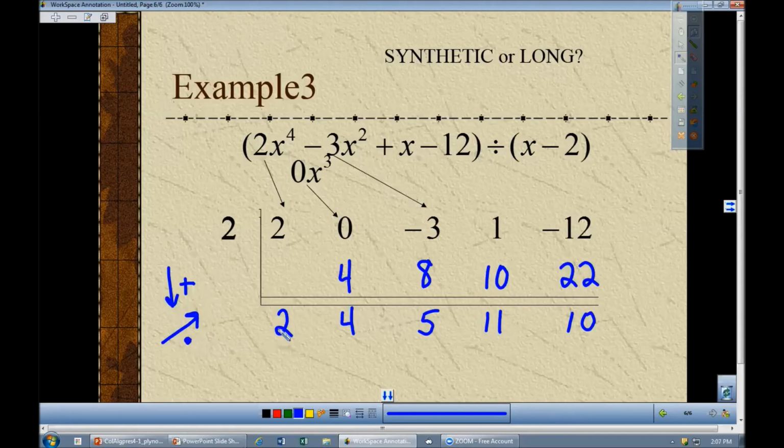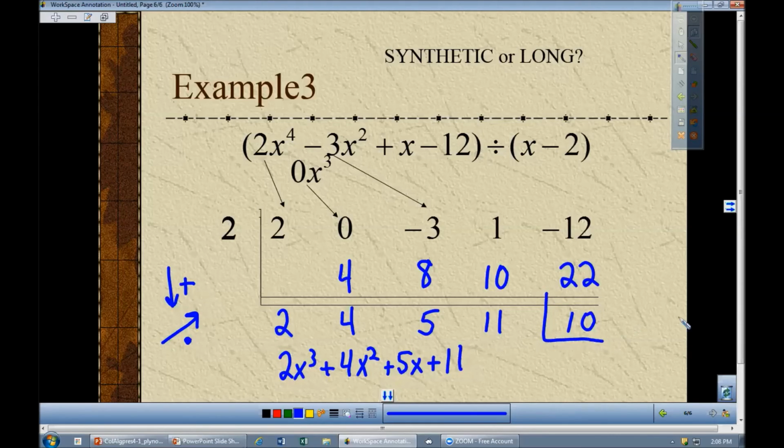And we've got a 2 for our x cubed term. Remember, we have to drop our power down by 1. So this is going to be from degree 4 going down to degree 3. We have a number for our x squared column, plus 4x squared. We have a number for the x column, plus 5x, and we have a number for the constant, plus 11.